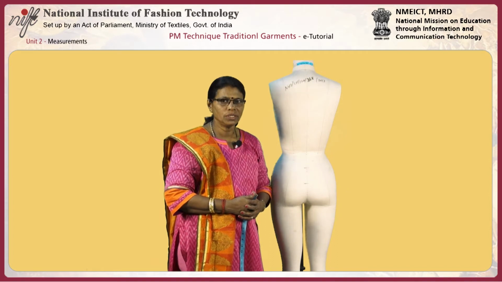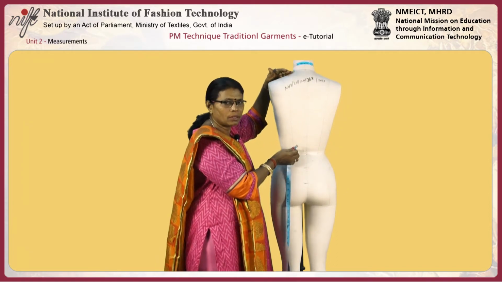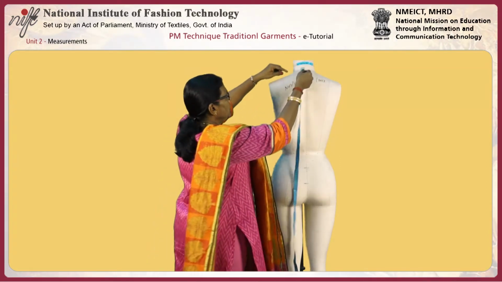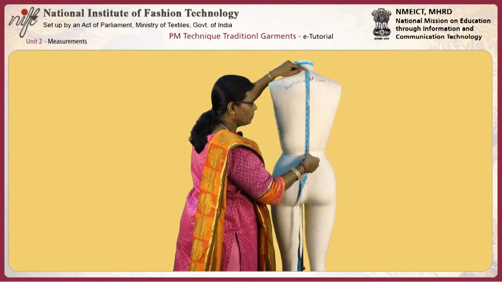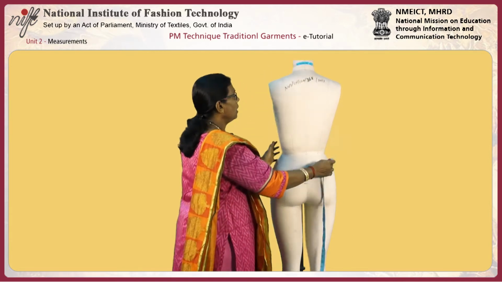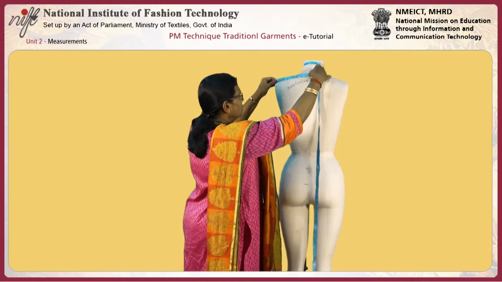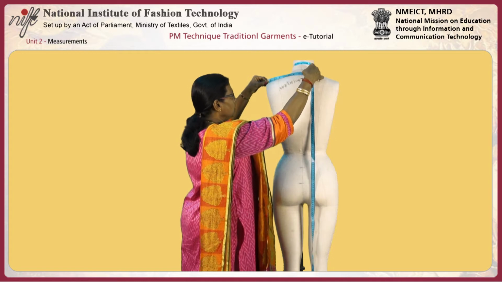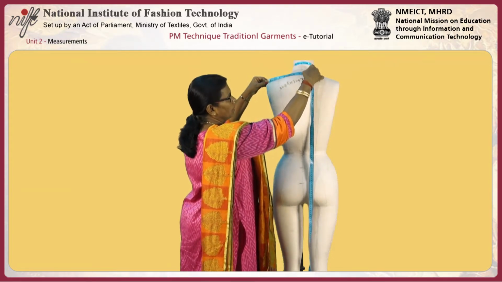Now we are going to take the measurement of upper body at the back. The first measurement is the length starts from cervical point to the center back waist. Next, the horizontal measurement of across shoulder start from low shoulder point to the center back.